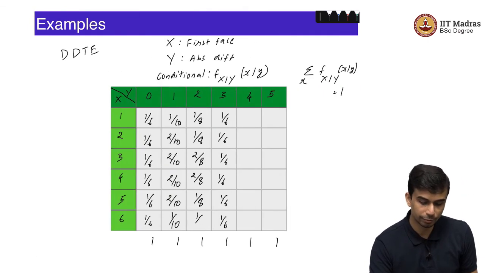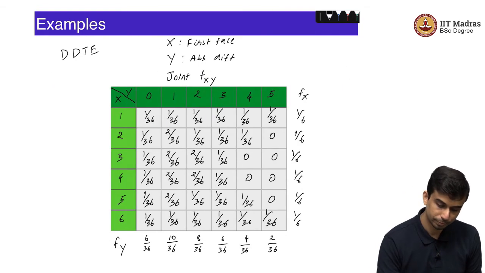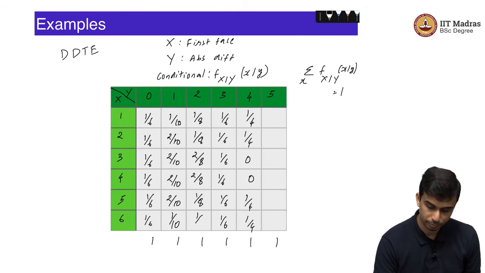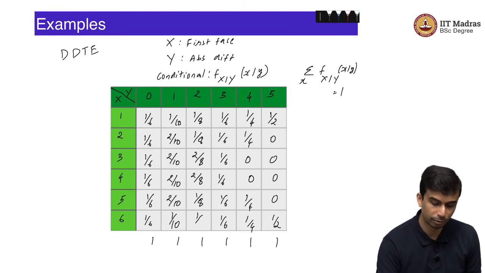And the fifth column we get 1 by 4, 1 by 4, 0, 0, 1 by 4, 1 by 4. Finally, the last column you get half and half.